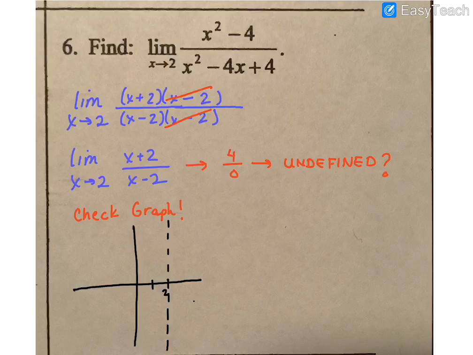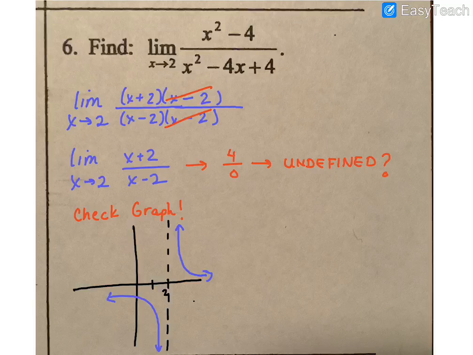So it starts here in the positive above the x-axis, runs up along the vertical asymptote of x equals 2. When we hop over that vertical asymptote, we're going to switch signs, and it ends up down below here.